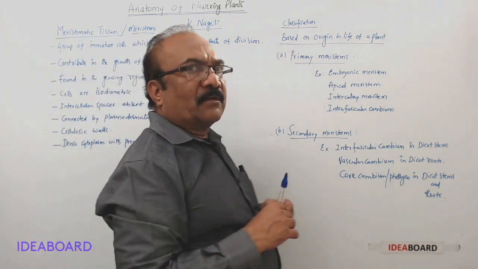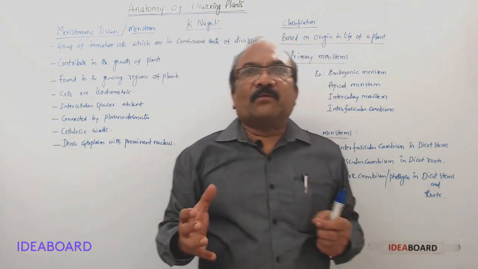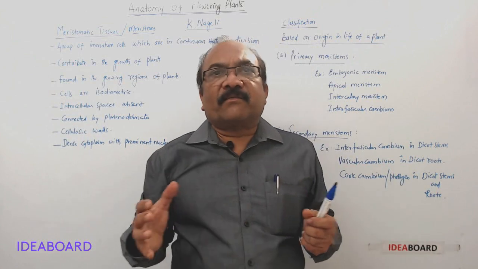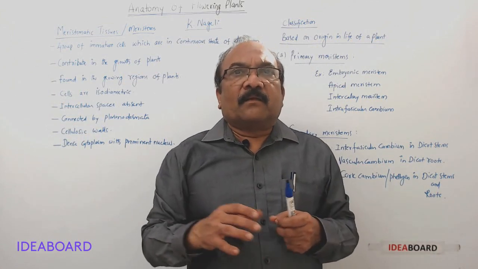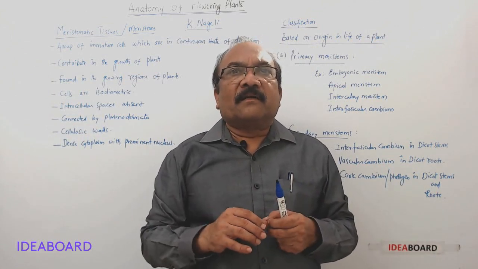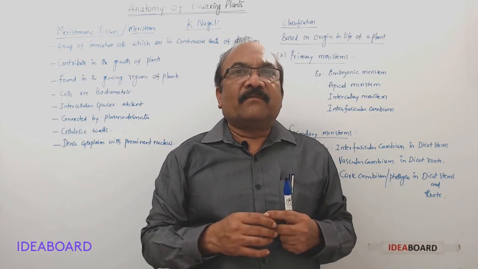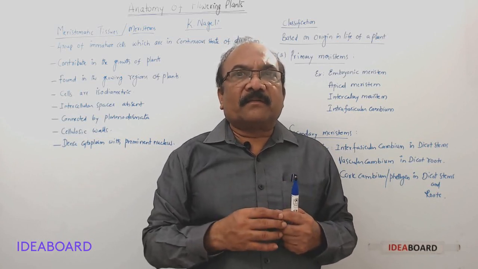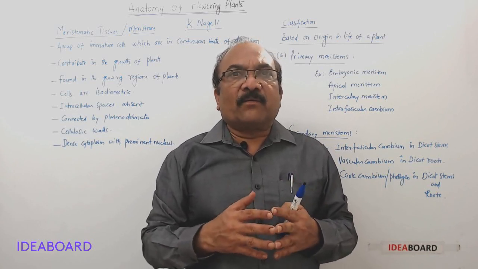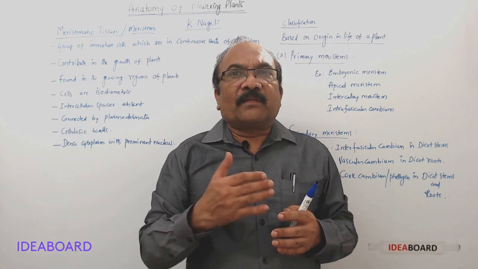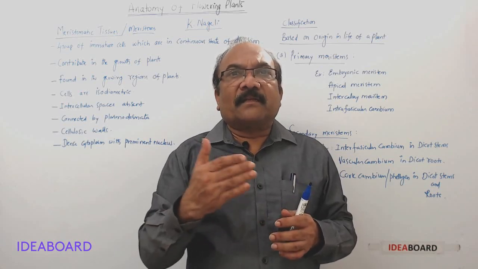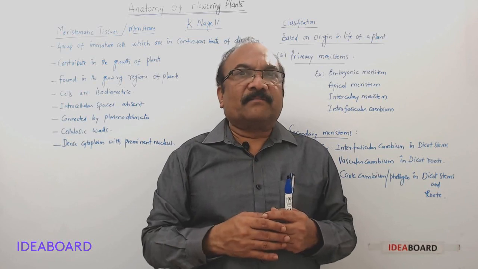Don't forget that the growth in plants and growth in animals is different. The growth in plants is indefinite, whereas growth in animals is definite. So the plants will grow throughout their life, that is till the death of the plant.